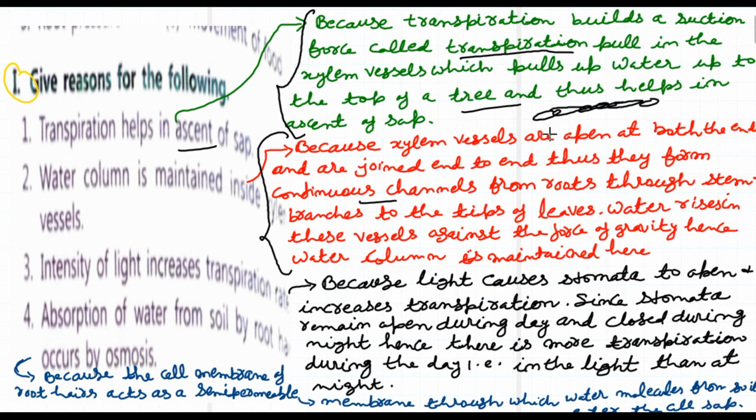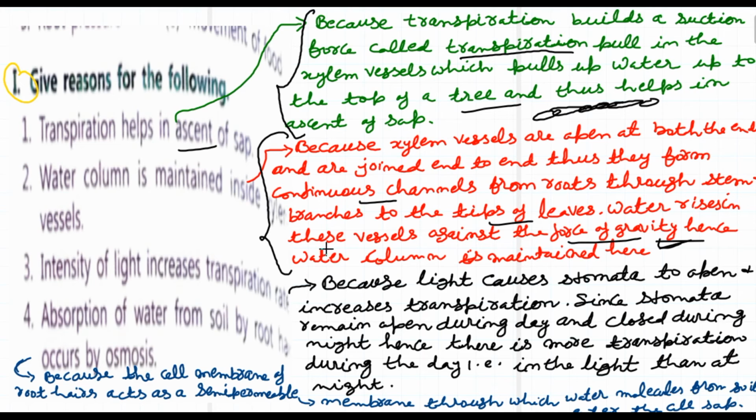So water rises through these channels in the stem and reaches the tips of the leaves. Water in these vessels rises against the force of gravity and hence the water column is maintained here, right students? So next is what?